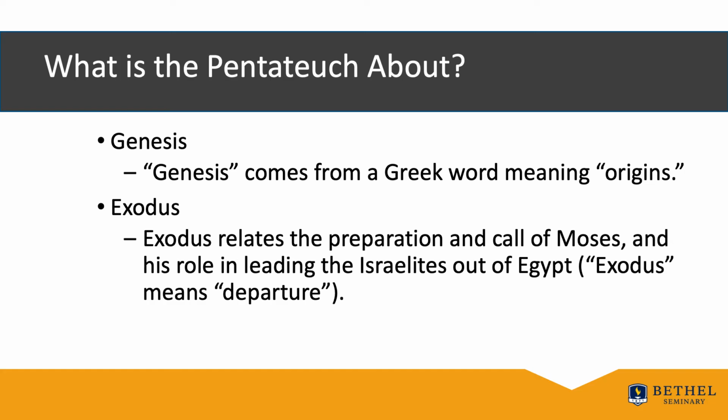Exodus relates the preparation and call of Moses and his role in leading the Israelites out of Egypt. Exodus means departure. The book of Exodus also describes God's new binding relationship, that is, a covenant relationship with his people, through the law giving and the tabernacle building.